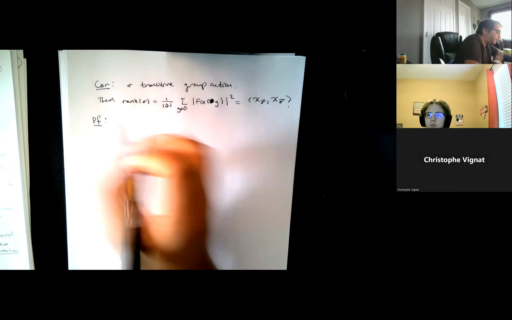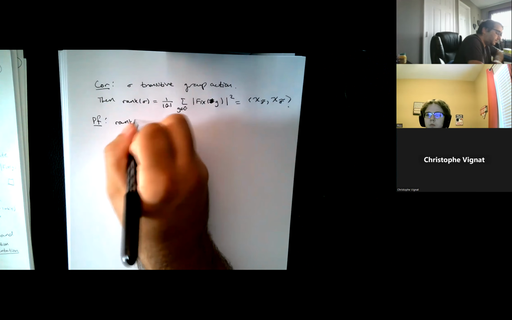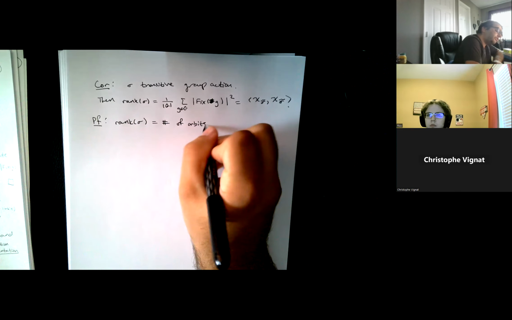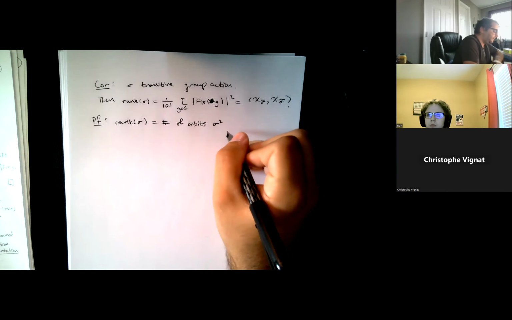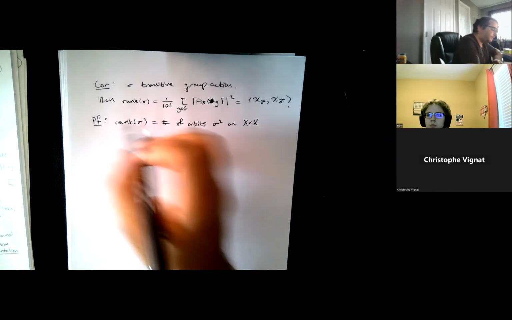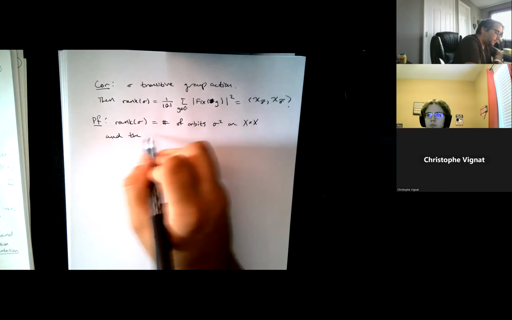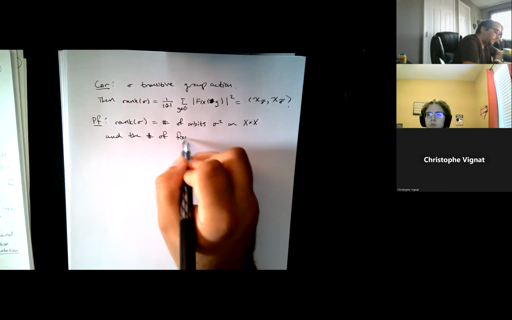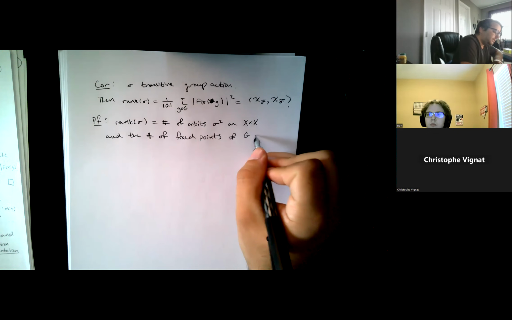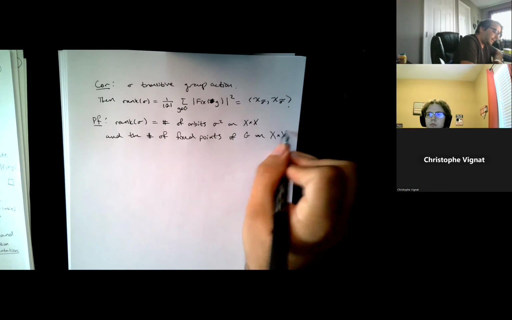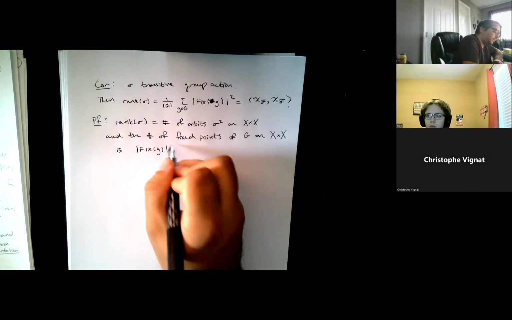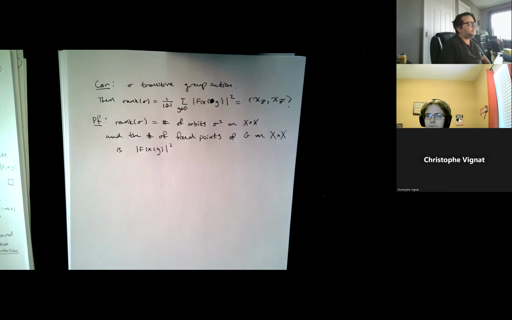So the proof is not bad. So remember the rank of sigma is the number of orbits of sigma 2 on X cross X. And the number of fixed points of g on X cross X is, so this is one of the things I quoted earlier from Steinberg but didn't prove.